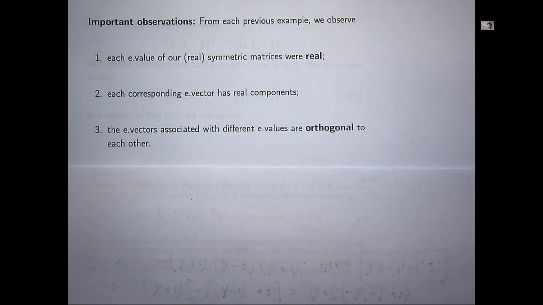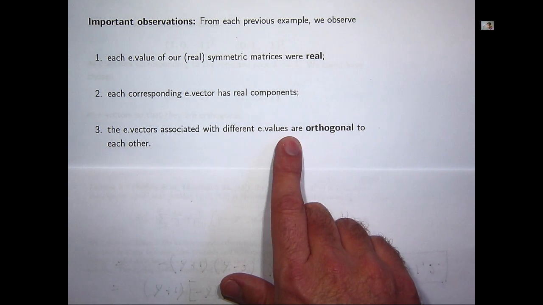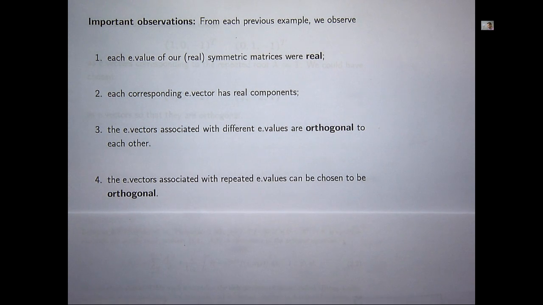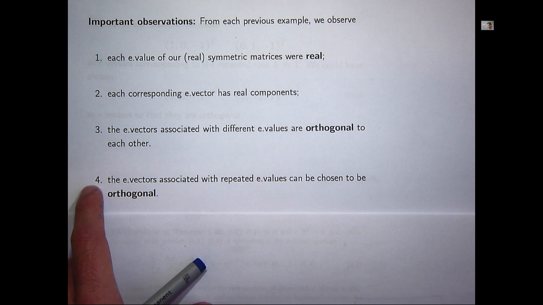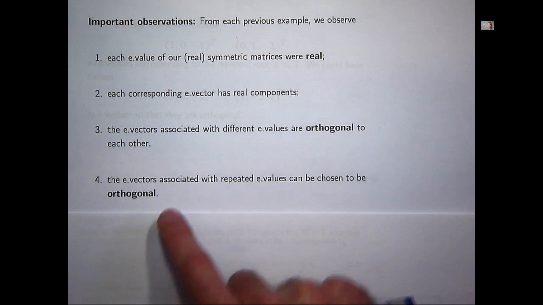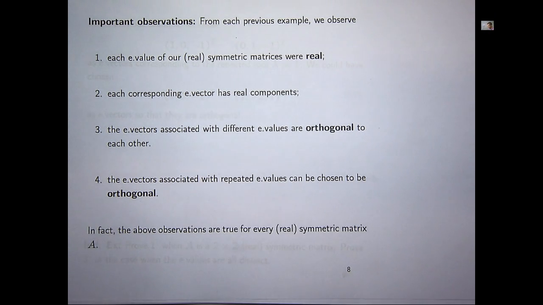Now, the eigenvectors associated with distinct or different eigenvalues are orthogonal to each other. And I claimed, and this last bit might not be in your notes, so make sure you have this down properly, I claimed that if I compute, say, 2 eigenvectors and they're not orthogonal, I can actually go back and choose the eigenvectors to be orthogonal. So let me show you what I mean when we have a repeated eigenvalue. These observations are true in general for every symmetric matrix with real entries.